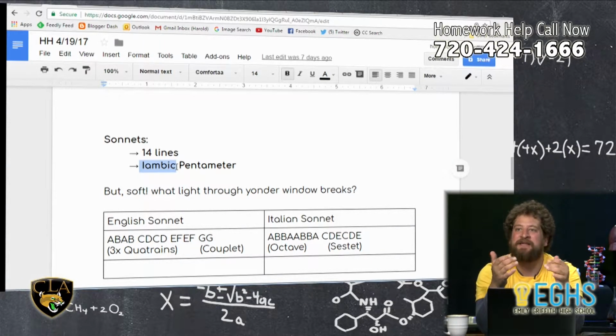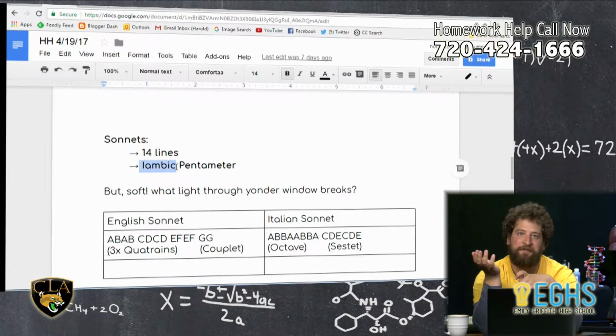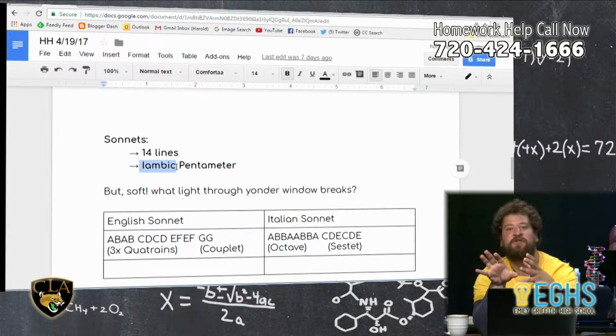An iamb is a meter term in poetry that refers to having an unstressed syllable followed by a stressed syllable. And in English in general, any time we're using multiple syllables, we stress and we unstress syllables.